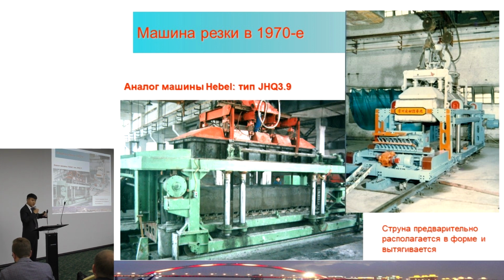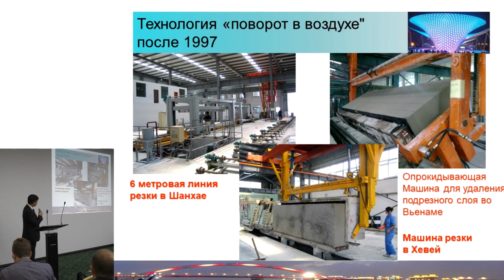The cutting wheel was pre-set in the mold, then pulled out to cut the cake. Here the cutting wire did not cut from top to bottom; it was pre-laid at the bottom, then raised up and cut. This is a new start in 1997: air tilting. A new technology, rotation in the air, which has developed since 1997.